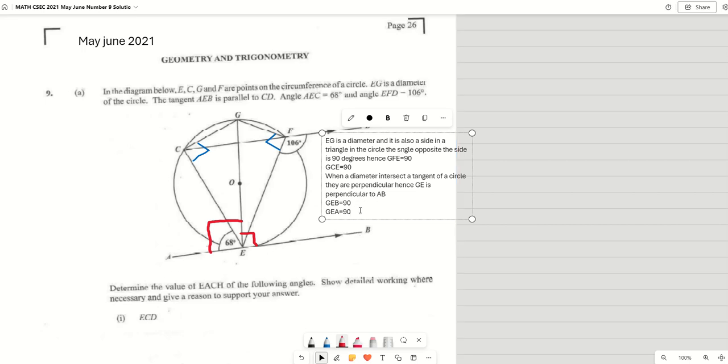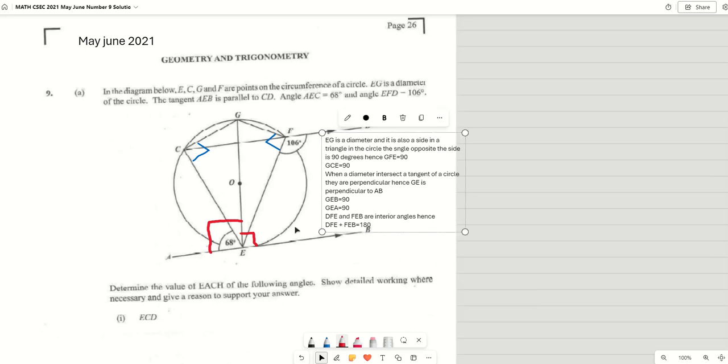Because they are parallel, angle DFE and angle FEB are interior angles, hence DFE plus FEB is equal to 180 degrees, i.e. they are supplementary.